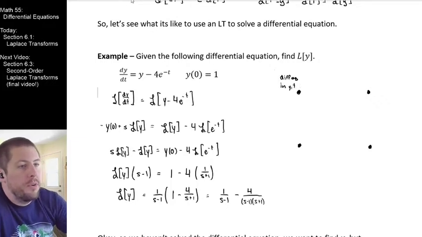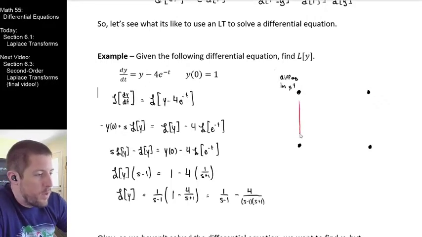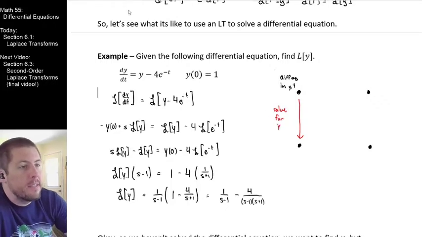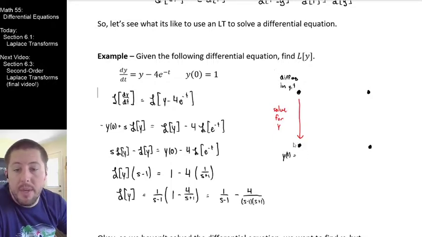And what we want to be able to do, that we typically can't do, is we want to just solve for y. And that would get us to just being right here. y of t equals. That's that location that we'd like to get to.